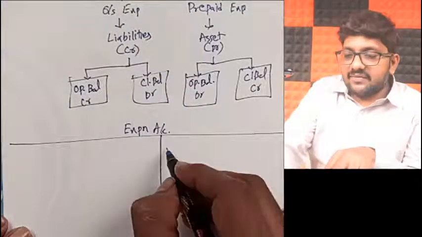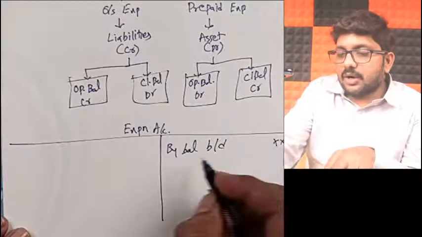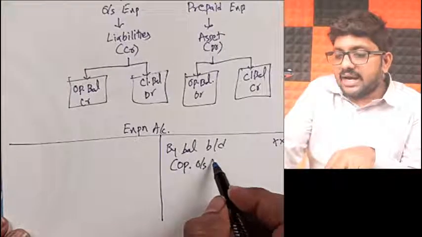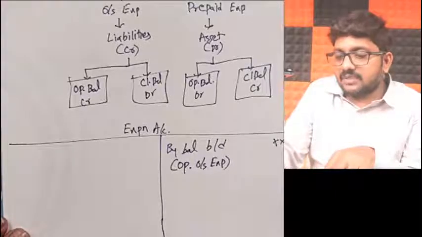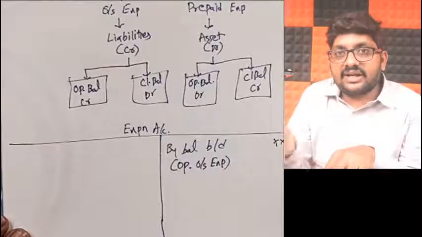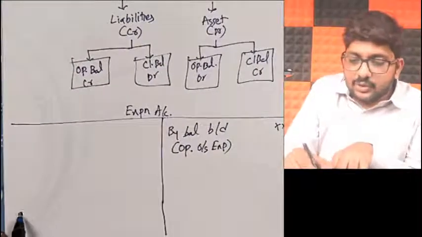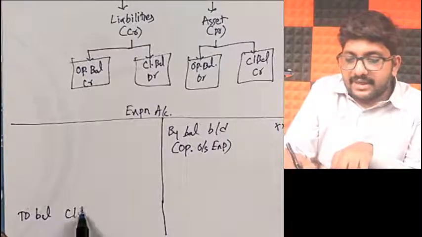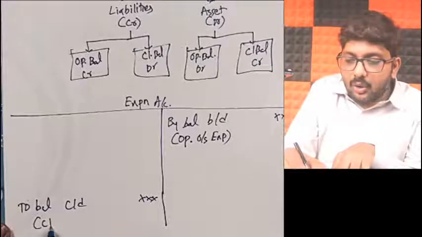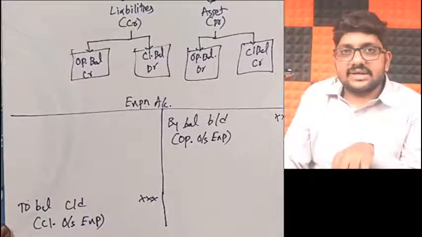So I will say by balance brought down, which is the opening outstanding expense, on the credit side. Similarly, the outstanding expense liability closing balance will be on the debit side. I will say to balance carried down, which is the closing outstanding expense.